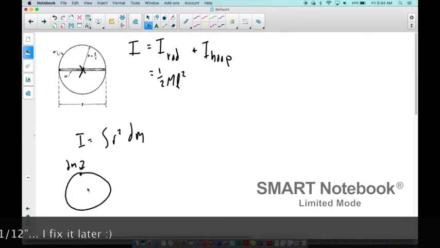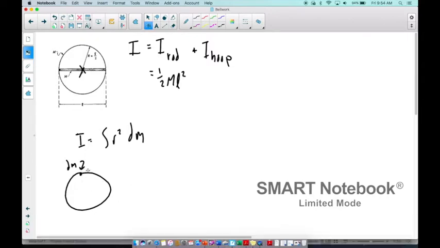This is really simple because all my little mass pieces dm in this hoop are the same distance away from that axis of rotation. They're a distance of L over 2. In this case, that's the radius of my hoop. Because they're a constant distance away, my integral just becomes this. That r squared becomes a constant.